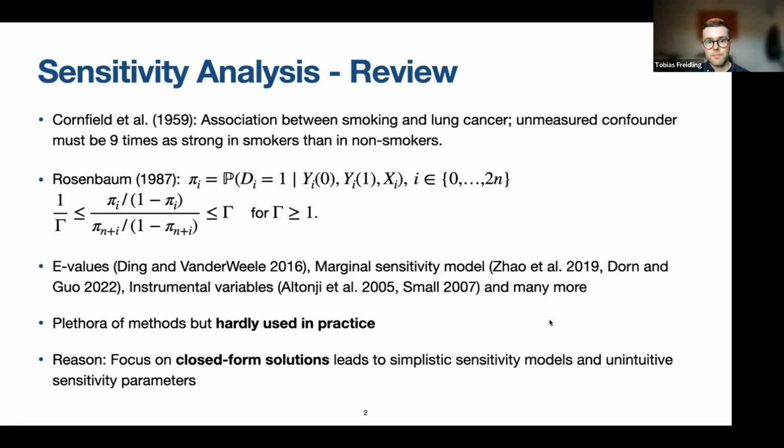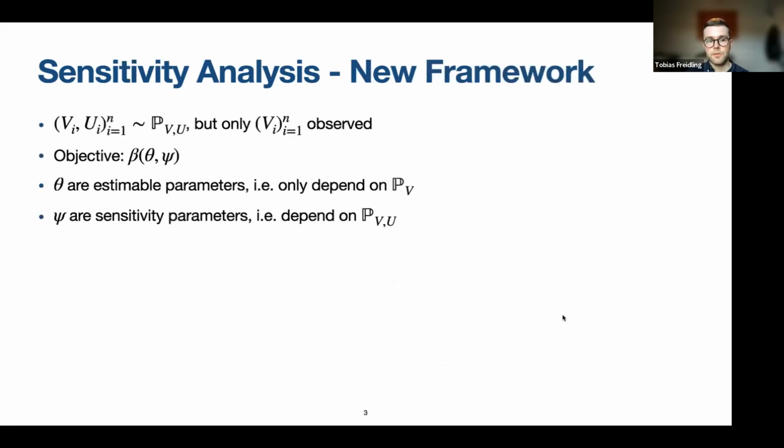So what we propose is to use a new perspective, a new setup of the problem. We assume that there's a data sample, variables V and variables U, but we have only access to V. So our variables U are unmeasured.